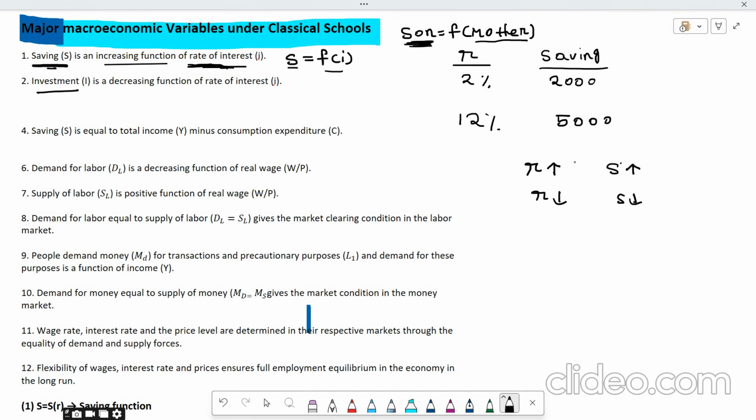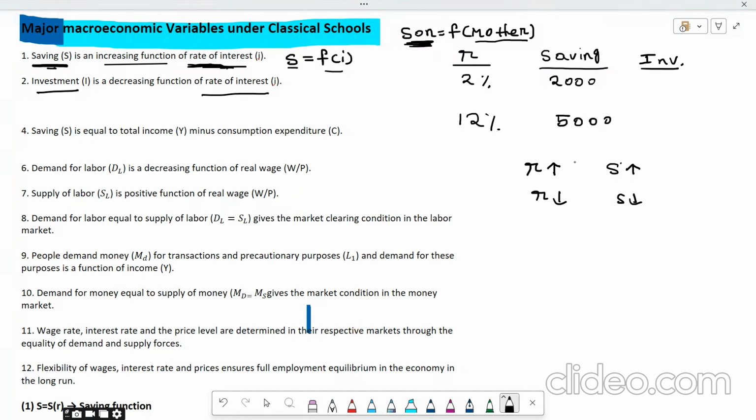As per the classicals, investment is also a function of the rate of interest, but savings are done by the household, while investment is done by the producers or investors. Investors take loans for their production process.